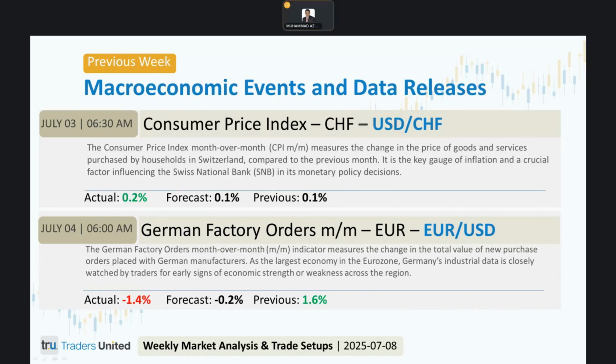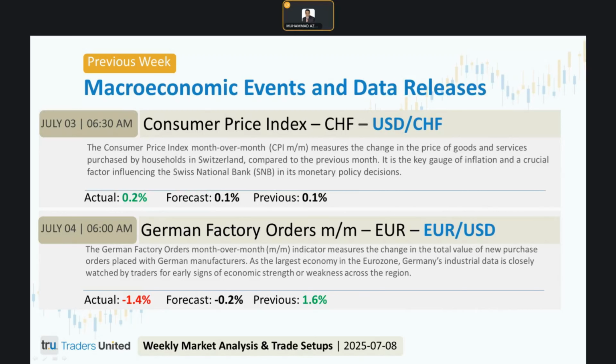So you could notice a decline in the euro leading to a bearish move in euro USD currency pair. Now, the ECB is already signaling caution and slowing inflation. The downside surprise may add to the case for a dovish policy path, further weighing on euro sentiment.